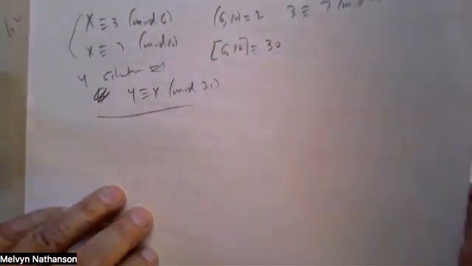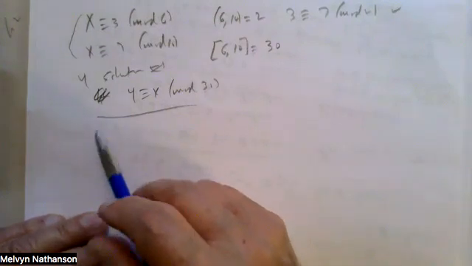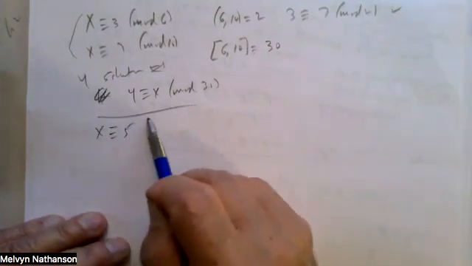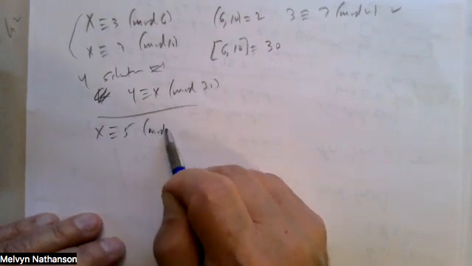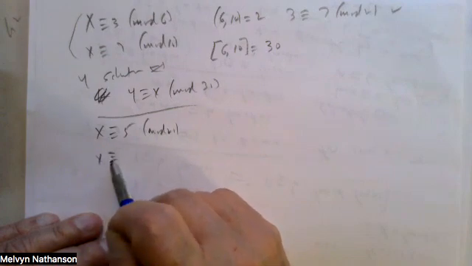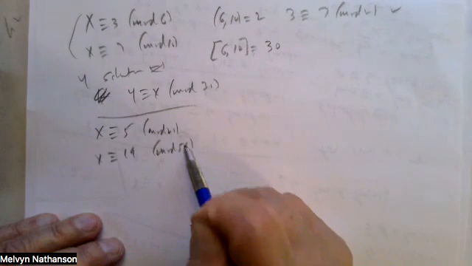Let's look at a couple more examples. These are some examples in the book. Suppose x is congruent to 5 mod 21, and x is congruent to 19 mod 56.